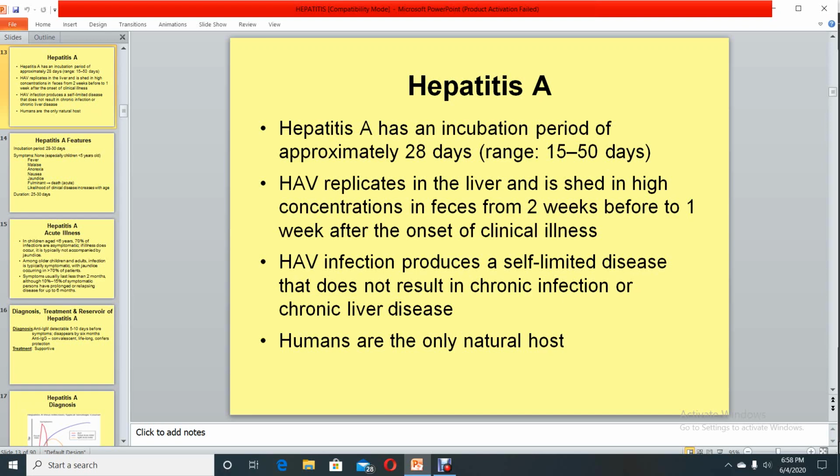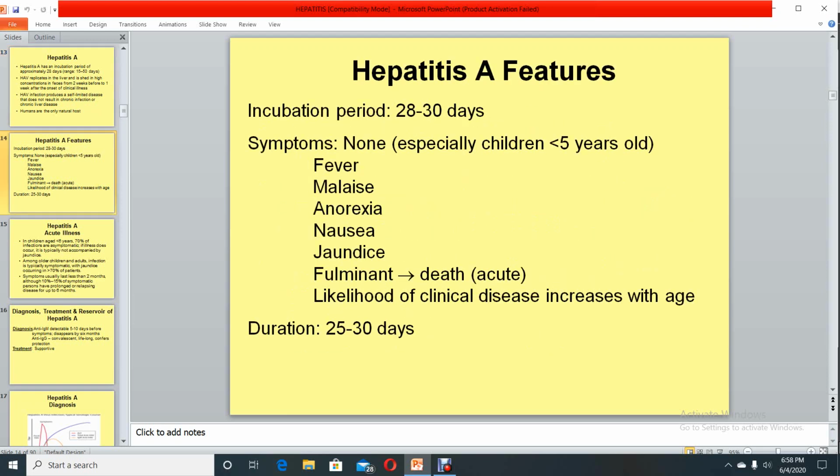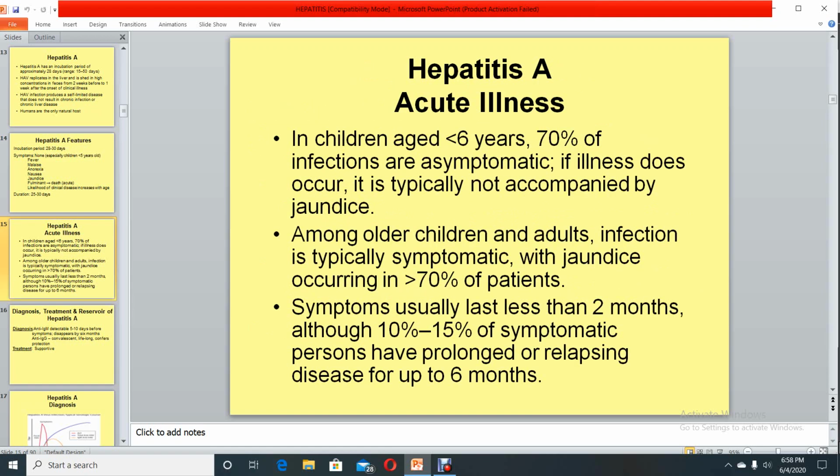Humans are the only natural host of hepatitis A. It presents as an acute illness, and remember one more thing: it infects small children, growing children and young adults.